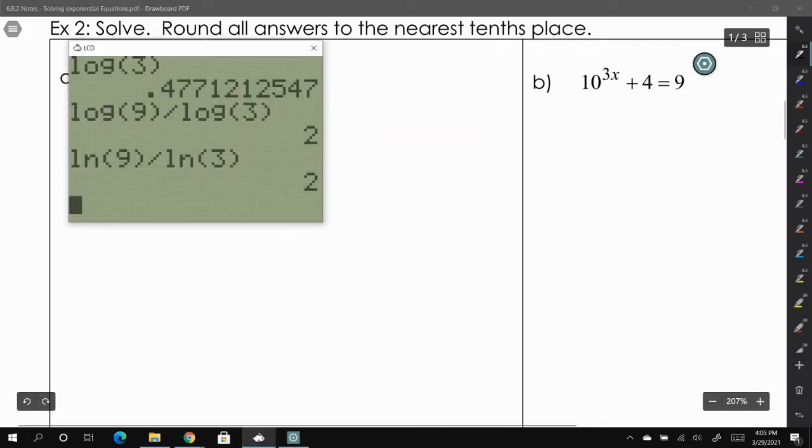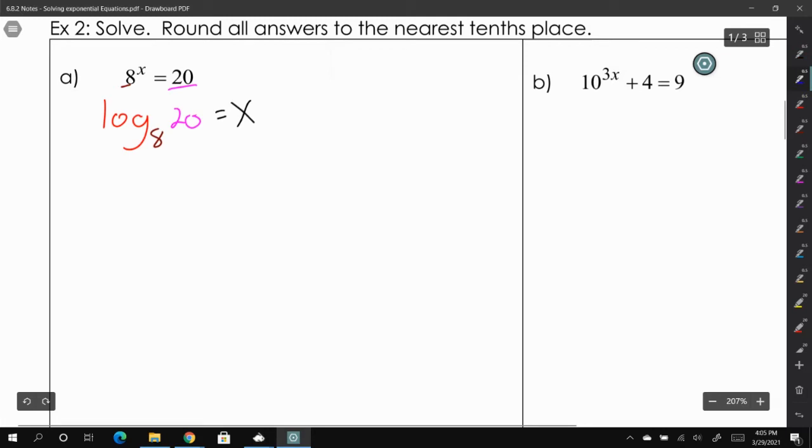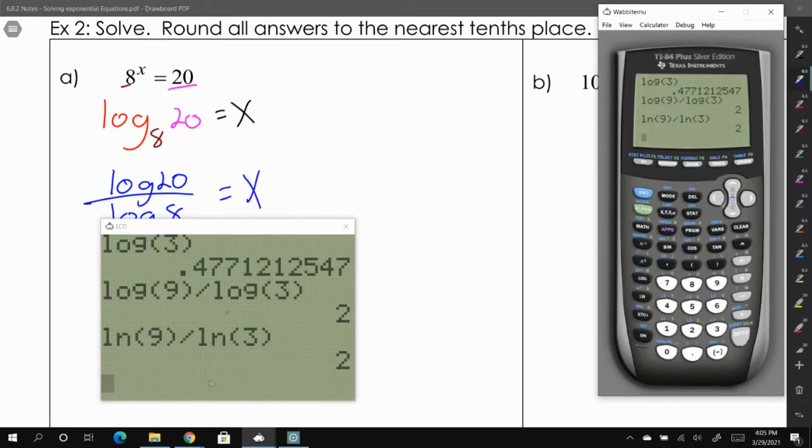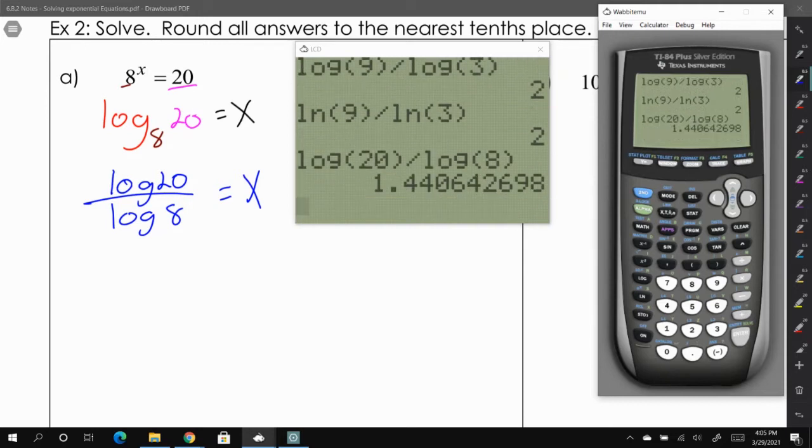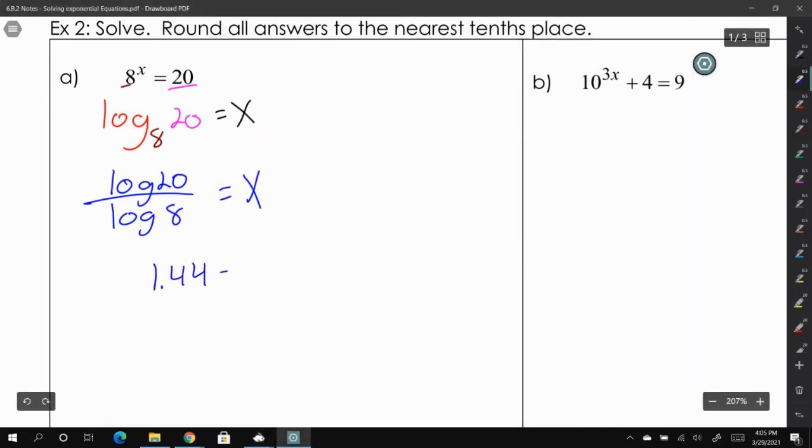So in our calculator, well, let's write it out first. We'll have log 20 divided by log 8, and that will equal x. So log 20 divided by log 8, and that's going to be 1.44. So 1.44 is equal to x.